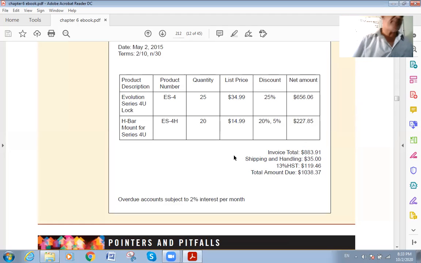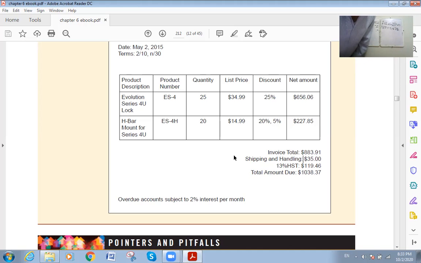Shipping costs, like putting the items on the trucks, uploading and downloading the items, and the cost of the trucks. This also comes to $35, so I would add the $35 of shipping.